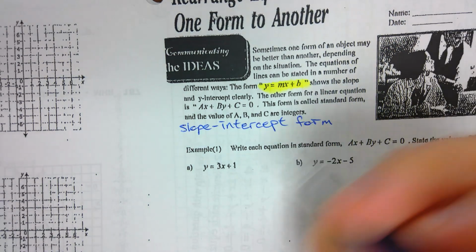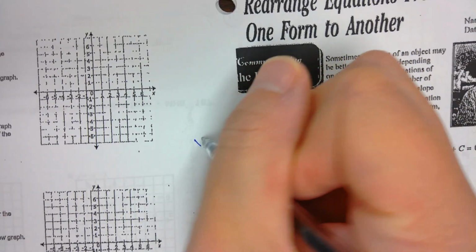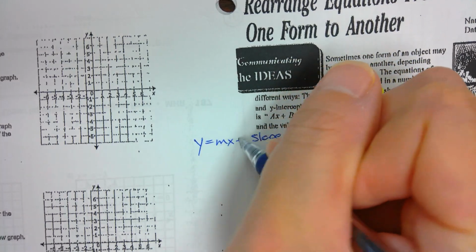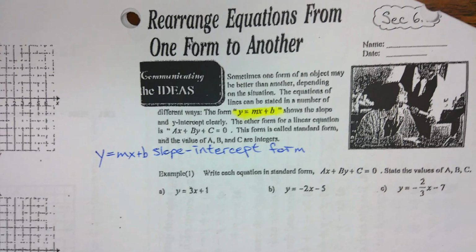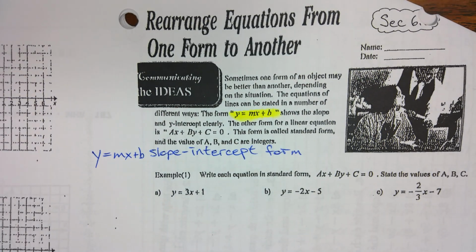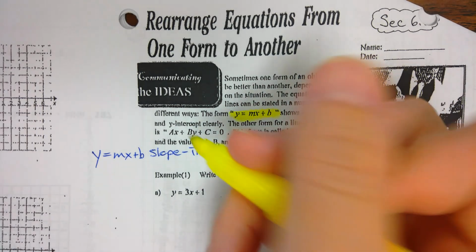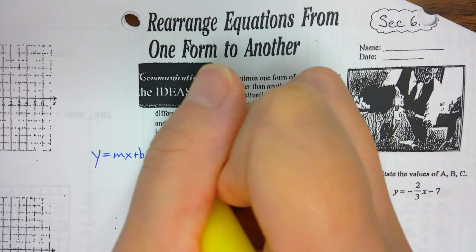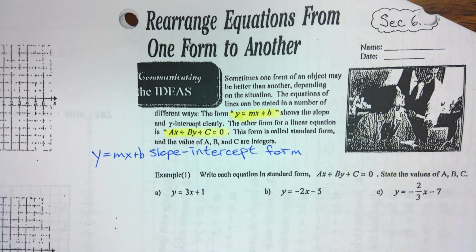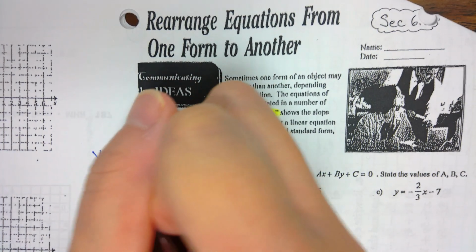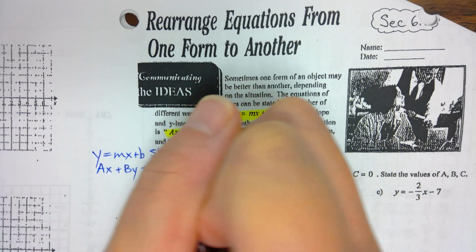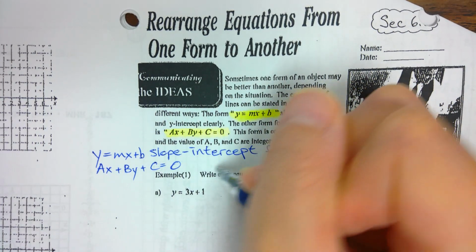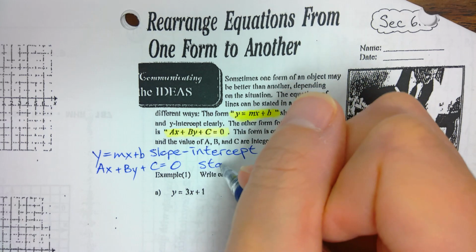What's the other form? Yep. Standard form. And then we have this one: ax plus by plus c equals 0 is the standard form.